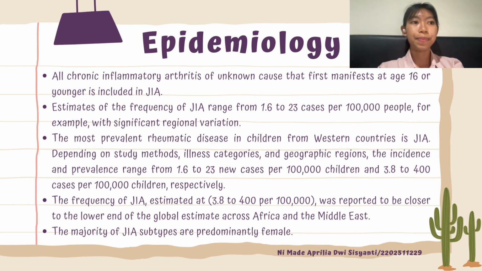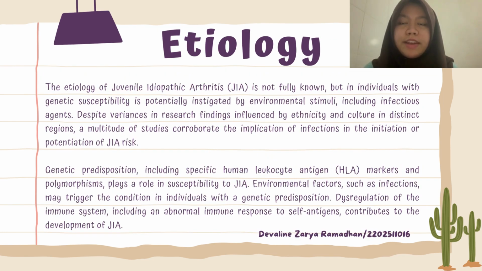Thank you. First of all, my name is Devaline Ramadhan with the last 3 numbers 060. The etiology of juvenile idiopathic arthritis or JIA is not fully known, but in individuals with genetic susceptibility it is potentially instigated by environmental stimuli, including infectious agents. Despite variance in research findings influenced by ethnicity and culture in distinct regions, a multitude of studies corroborate the implications of infections in the potentiation of JIA.